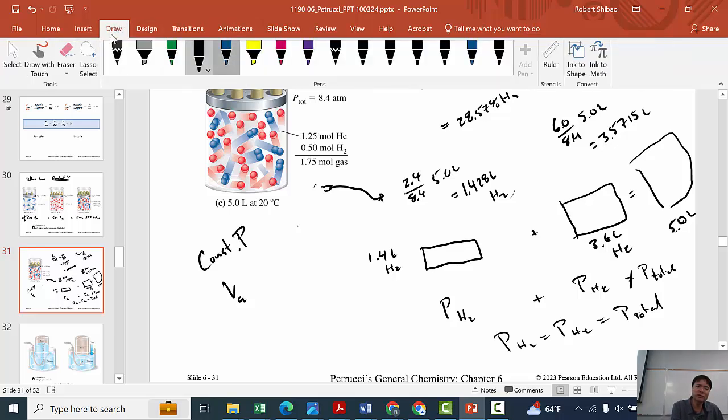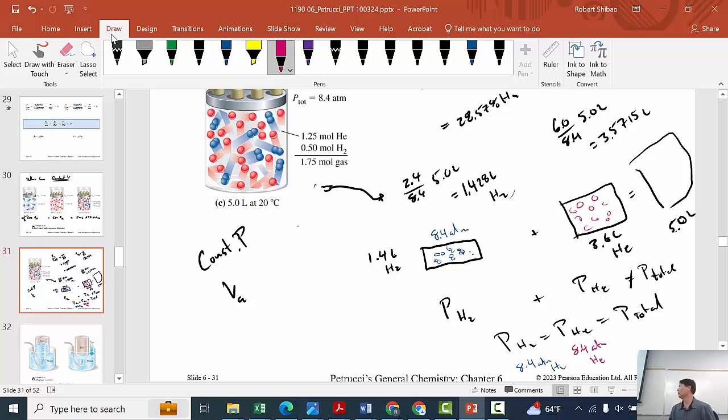We have to make the container smaller because there are fewer molecules here. We make the container smaller so it generates exactly the same pressure. And so this is 8.4 atmospheres. I'm going to have 8.4 atmospheres of hydrogen. And then I make this container smaller for the helium. Helium's monatomic. And so I'll have 8.4 atmospheres of helium.